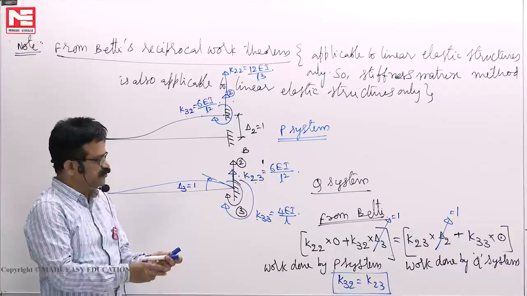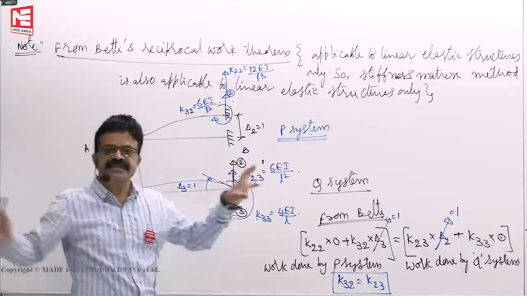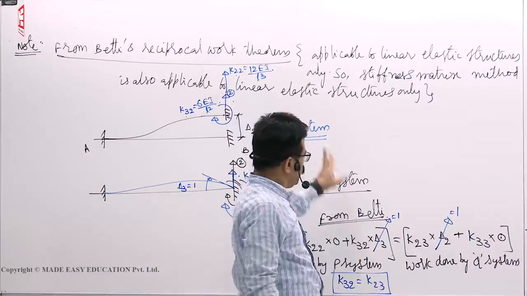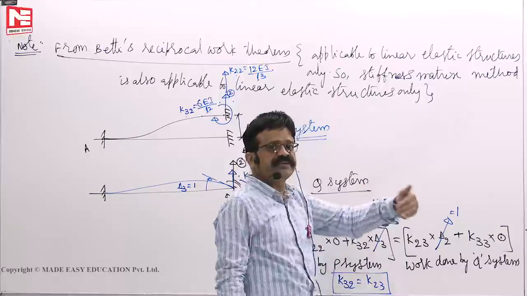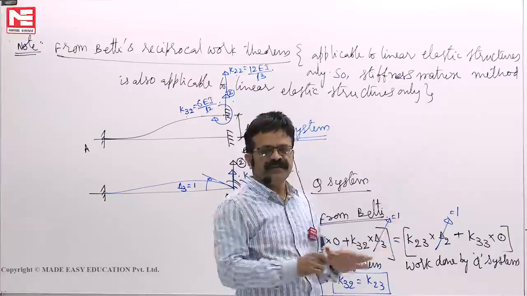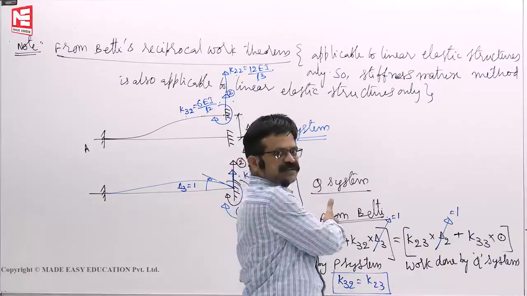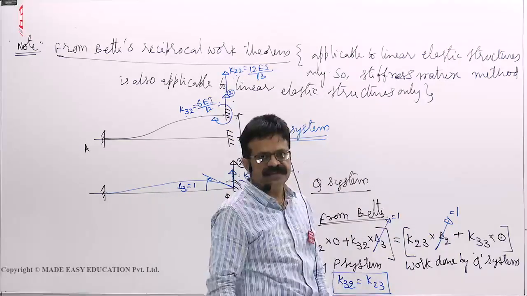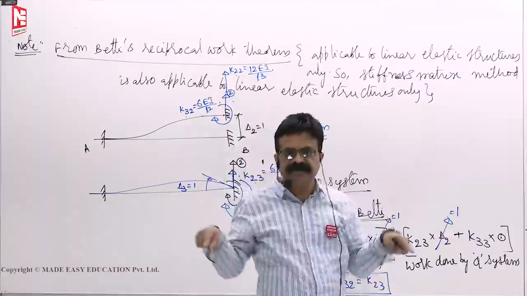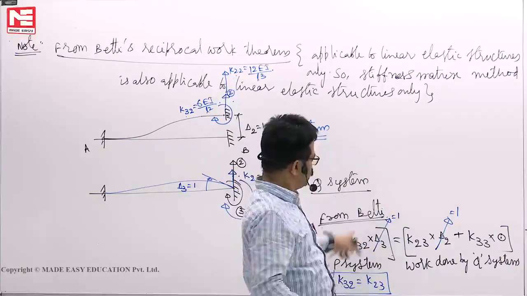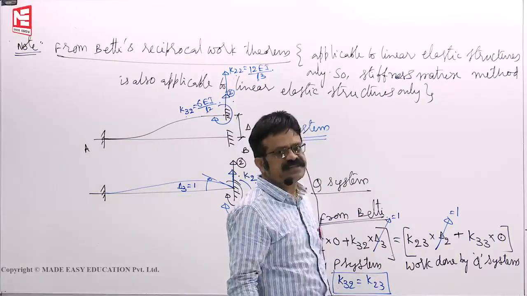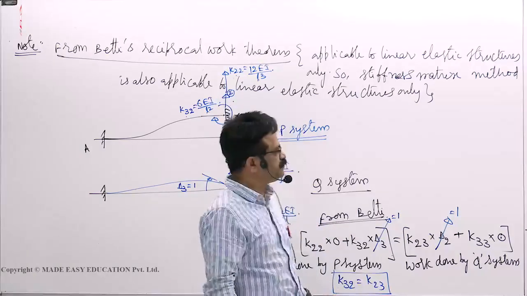That means from Betti's reciprocal work theorem, always K23, K32 or K13, K31, they have to be equal from the nature of the reciprocal work theorem concept. That's why the stiffness matrices you are getting, they are always symmetric. Symmetric because of this Betti's reciprocal work theorem.